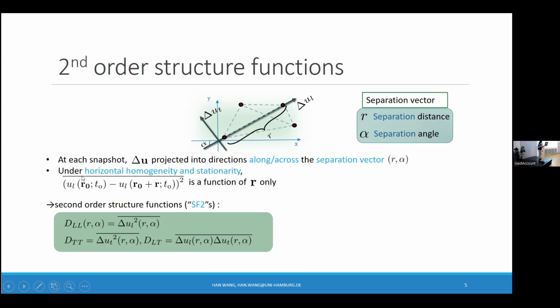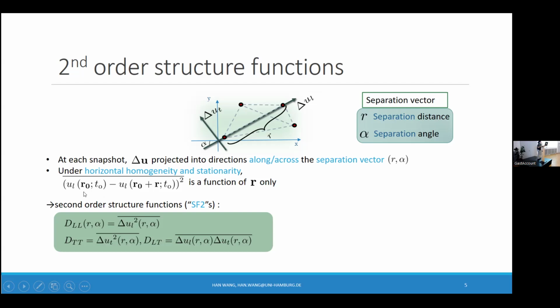Then the second order structure functions are defined by assuming horizontal homogeneity and temporal stationarity, which means that when you do an ensemble average over all the velocity differences at fixed separation vectors, the average quantity is assumed to not be a function of time, and it's also assumed not to be a function of the starting location of the drifters.